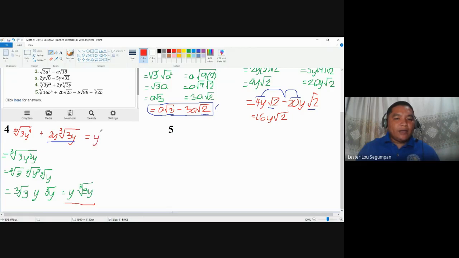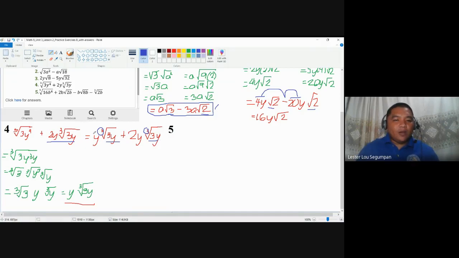That's y cube root of 3y plus 2y cube root of 3y. Take a look at the radicands and the indices. You have 3, 3, same index; 3y, 3y, same radicand.